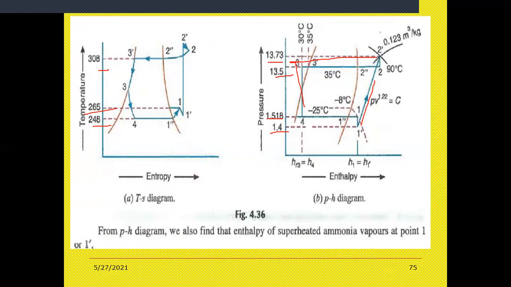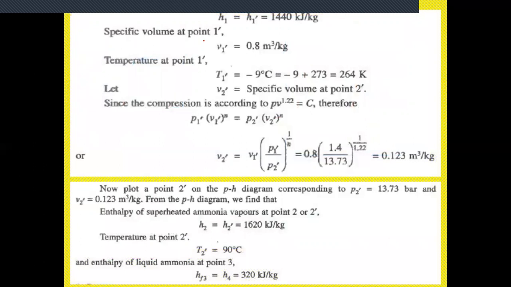Now based upon this problem, see here, the H1 value is equal to 1440. The specific volume at point 1, V1 dash, is equal to 0.8 meter cube per kg. The temperature T1 dash is equal to 64. V2 is the specific volume at 2.